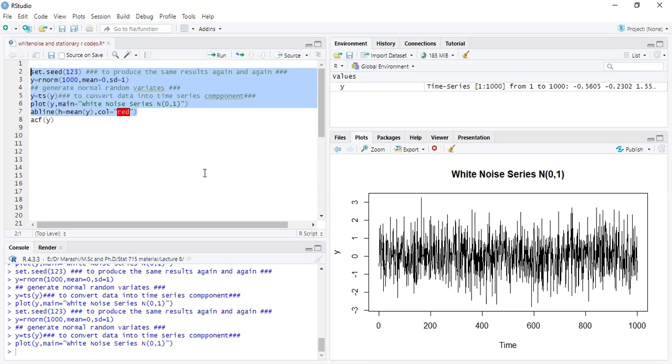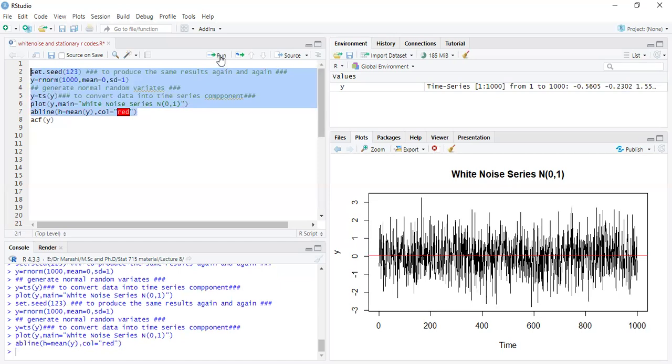If we generate 10,000 random variables, then the mean will be exactly zero. But in this case, it can be near to zero. Let's see. You see this red line? MashaAllah. It is approximately zero.